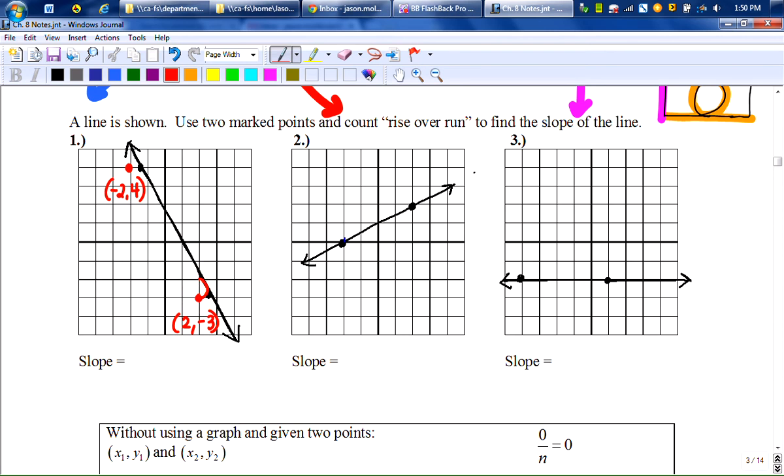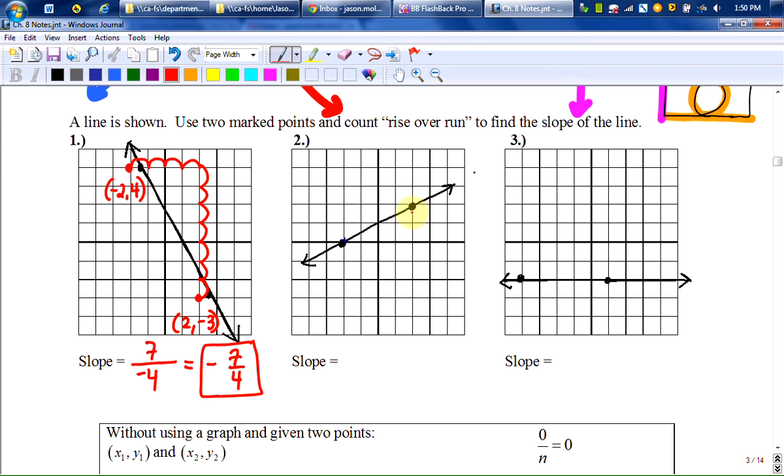So we just count up 1, 2, 3, 4, 5, 6, 7, and left 1, 2, 3, 4. We usually just put the negative out front like that. On the next one, we'll do the same thing.